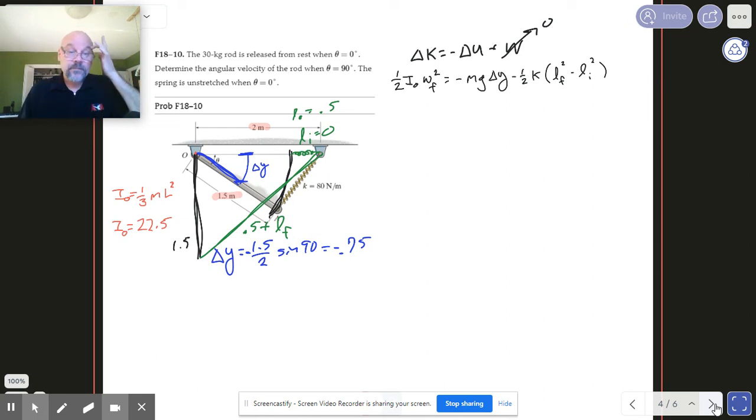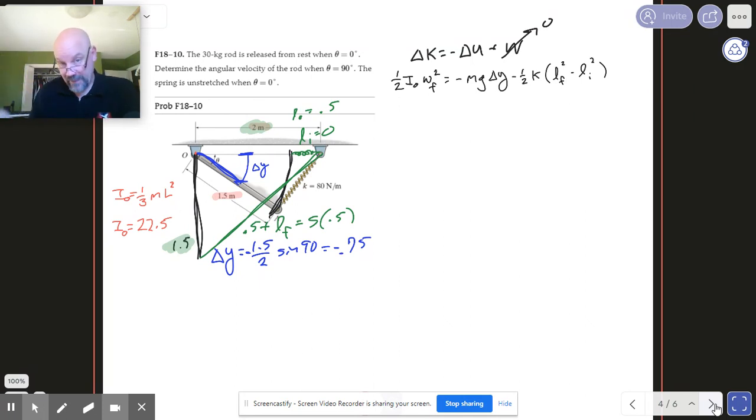Okay. All right. Now, we got a 3, 4, 5 triangle there. I don't know if you noticed that. Let me try to point that out for you. Okay. So 3 times 1.5, 4 times 1.5. And that means that this side over here is 5 times a half. 3 times a half, 4 times a half.